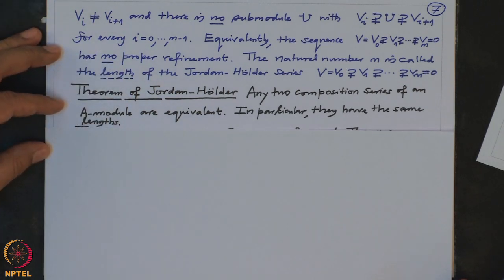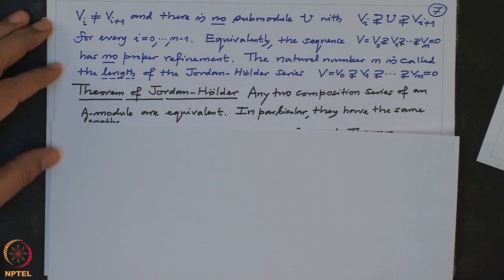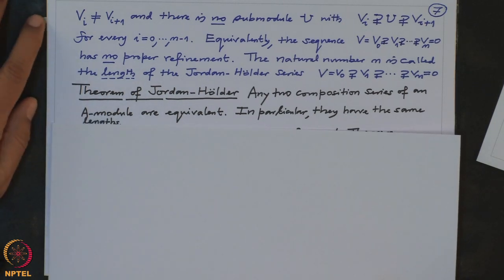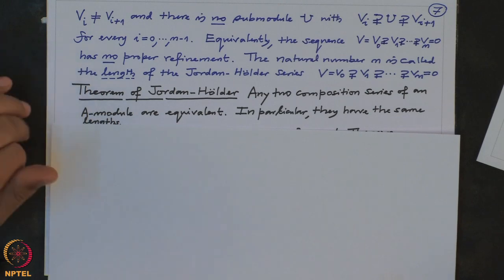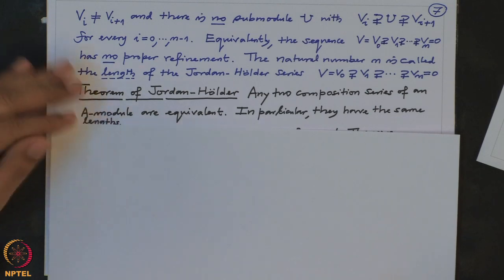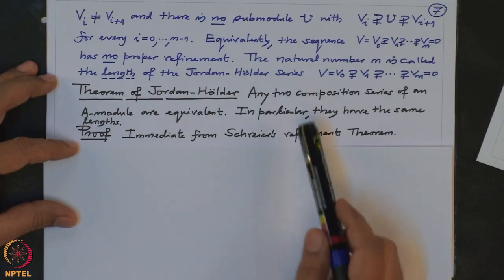More generally, one also considers such a series for arbitrary groups, but you have to assume that in the decreasing sequence of subgroups, each one is normal in the next one and so on, because then the quotients will make sense.